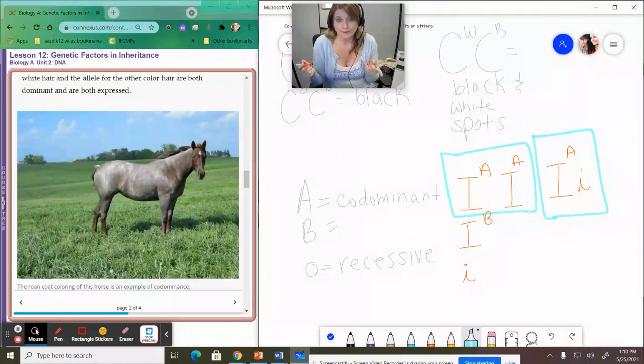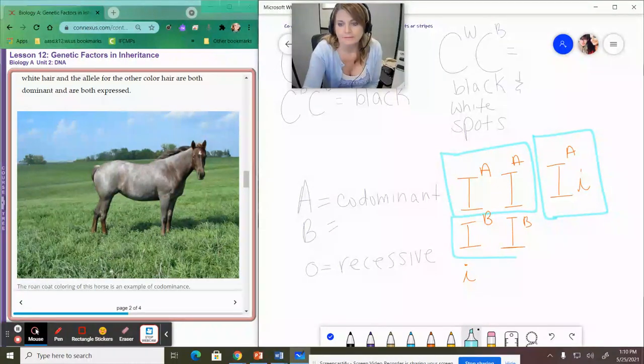So if you have two alleles for A, you're A. If you have one allele for A and one for O, you're also A because it's dominant to the O, right? If you're B, you could be this, or you could be that.